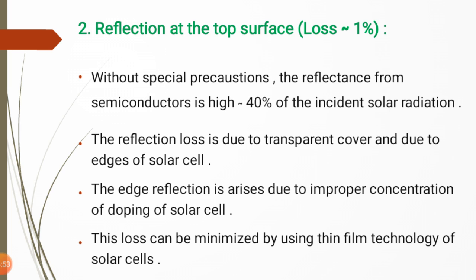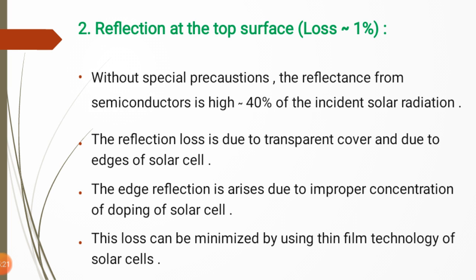The second factor is the reflection at the top surface, and this introduces a loss of about 1%. We know that there is a large amount of reflection in the solar cell due to different transparent covers which are used in the solar cell. Without special precaution, the reflectance from the semiconductor is high, which is nearly 40% of the incident solar radiation.